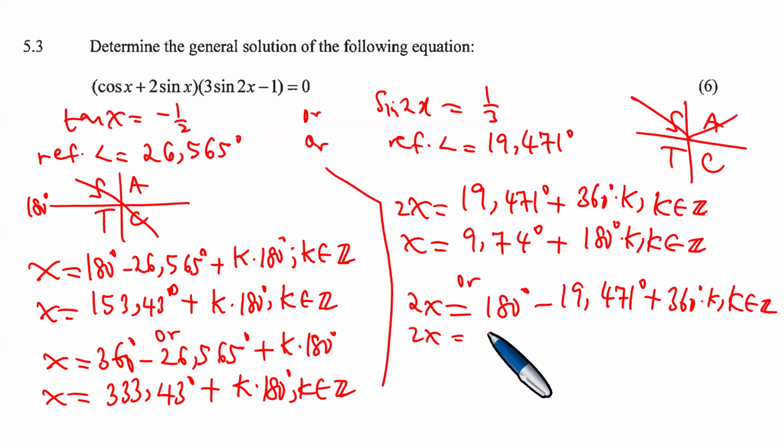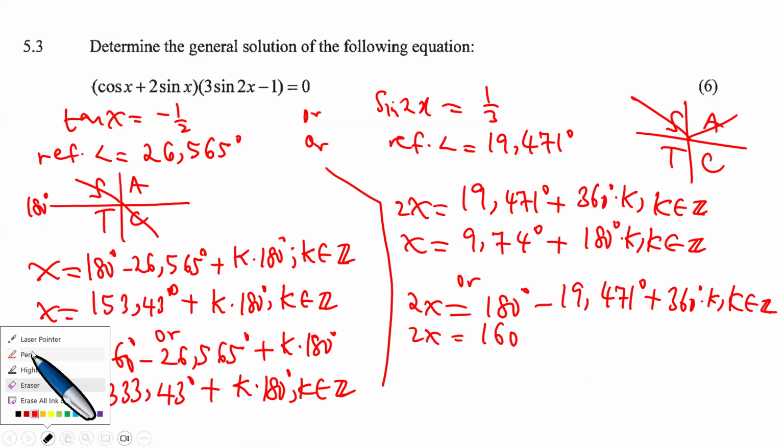If you say 180 degrees minus 19.471, we can quickly do that. We're getting 160 decimal comma.